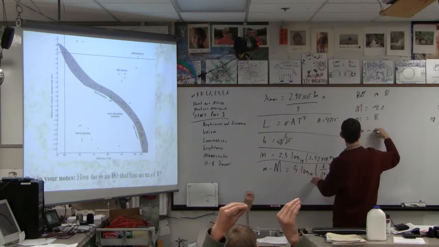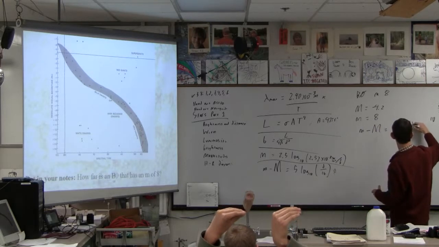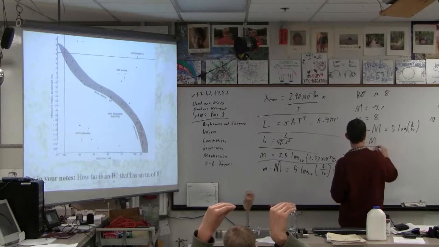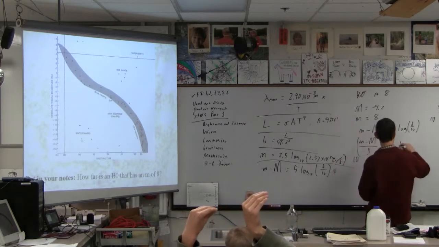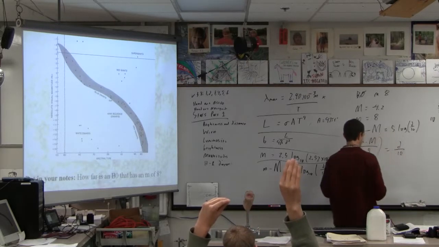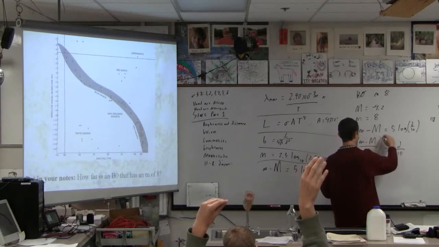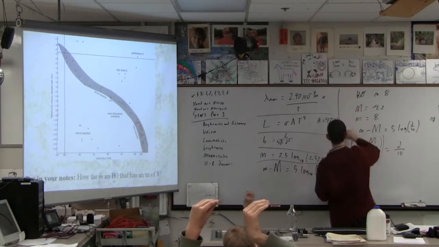So m minus M is 5 log d over 10, right? So m minus M over 5, 10 to the, right, is d over 10. Is that right? Times 10. There we go.